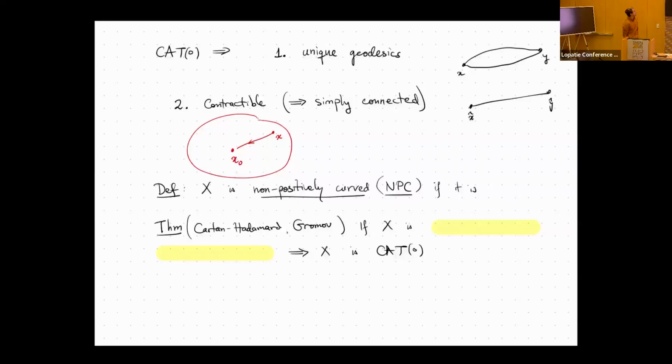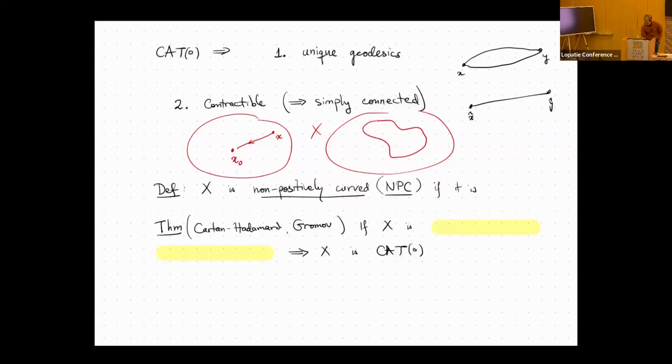And this is why such spaces are contractible. And if they're contractible, I want to take one important property out of contractibility, which is simple connectivity. We say a space is simply connected if for every closed loop in your space, I can deform this loop continuously to a point.